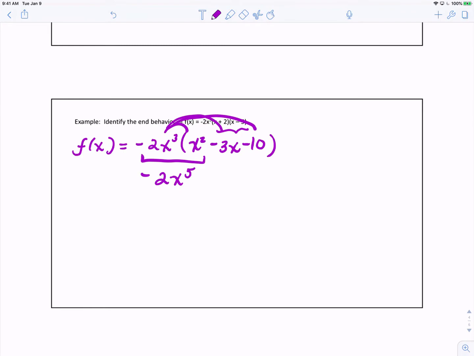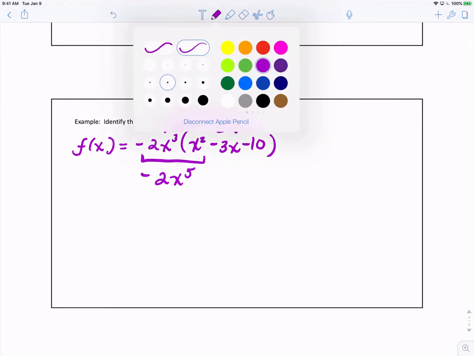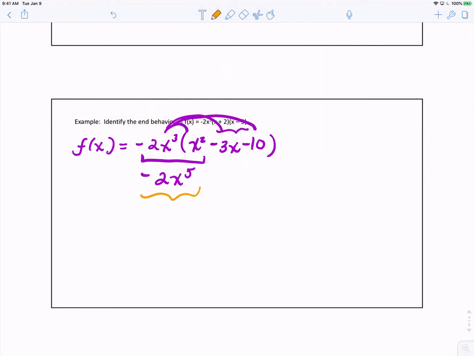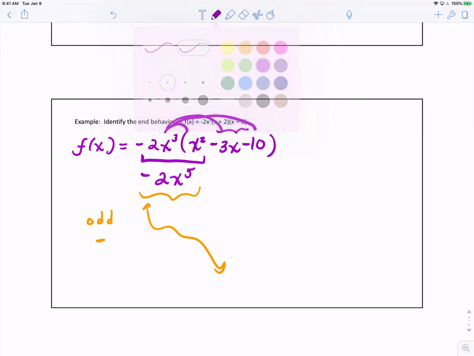So in order to discuss the end behavior, I just need to know what the dominant term is. I just need to know what the first or the leading term is. Odd with a negative coefficient. Odd means the arms point in opposite directions. Negative coefficient means it's falling as we go from left to right. And so we can write its end behavior in arrow notation.